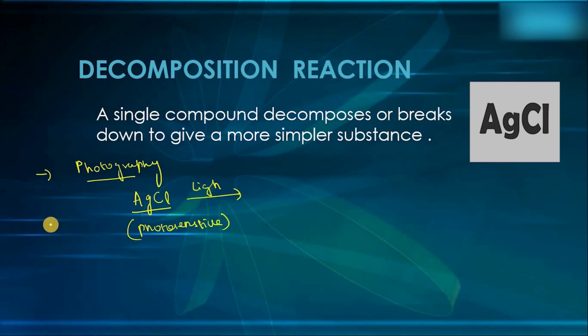Now, suppose in a china dish, I am taking AgCl, which is a white colored powder. This is silver chloride. Now, when light falls on it, what I get is a grey product. What is this grey colored product? It is Ag, that is silver metal, plus chlorine gas will be released.